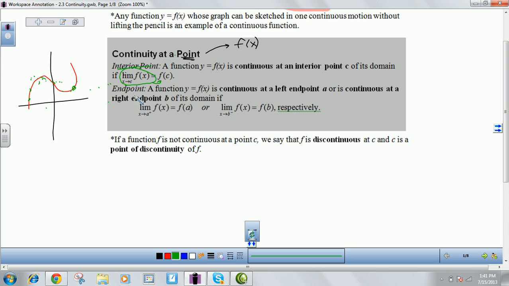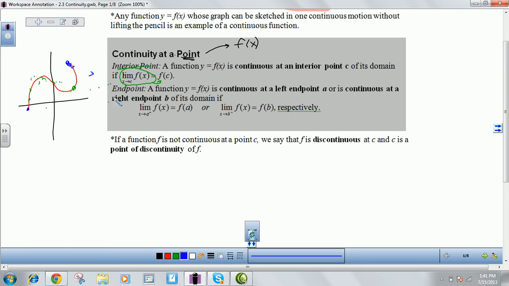Now the other one is an endpoint. There are at most two endpoints on a single particular function. If you have a piecewise function, it can be different because there are a bunch of functions put together, but ultimately there are really only two endpoints.